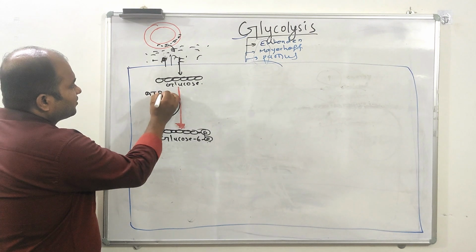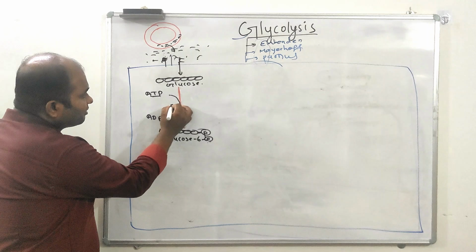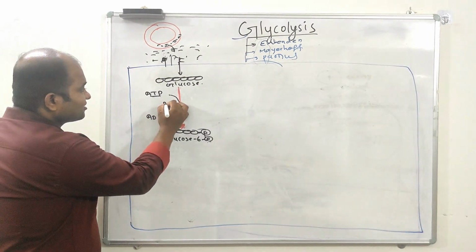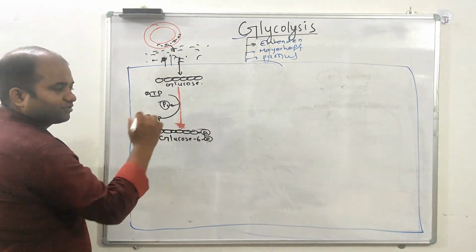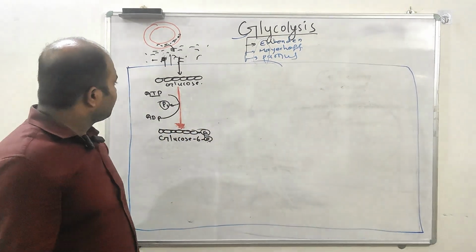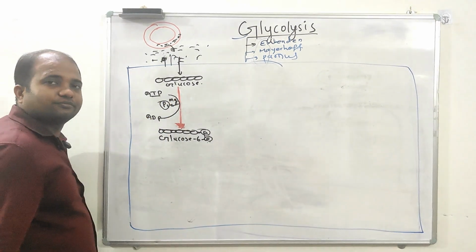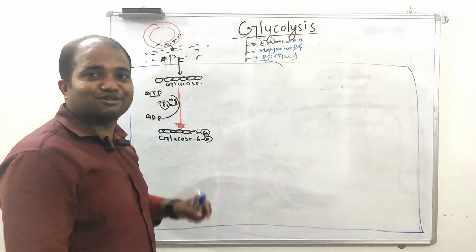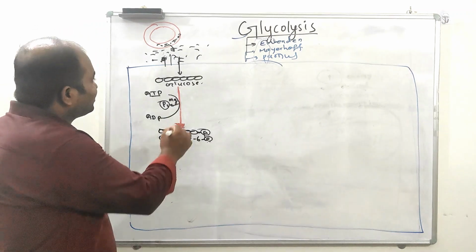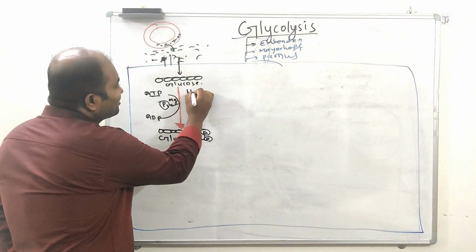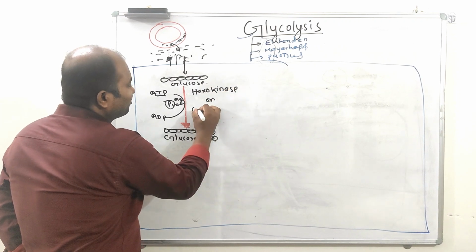ATP, a triphosphate, will convert into ADP, a diphosphate, which means one phosphate is released and gets attached here. This is catalyzed by the mineral magnesium. The enzyme responsible for this is hexokinase or glucokinase.